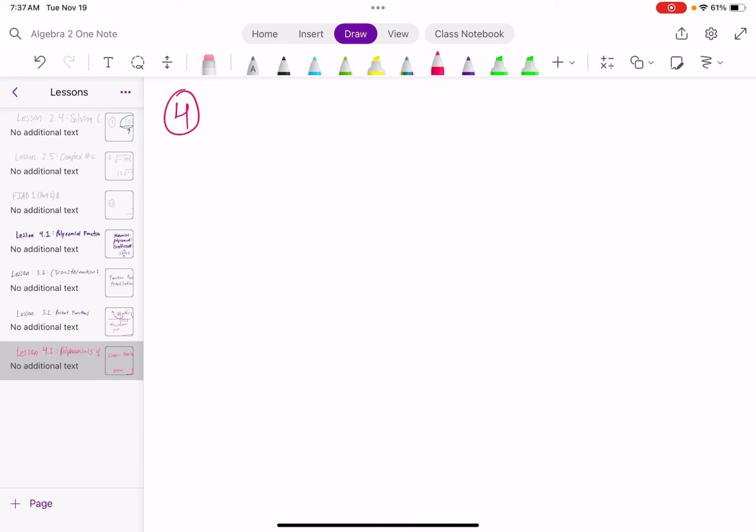For number 4, this one's a bit different because it asks you to write the polynomial in standard form. So we're gonna do x times x really quick.